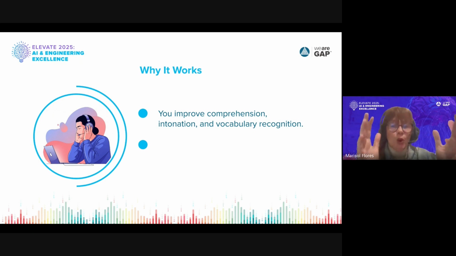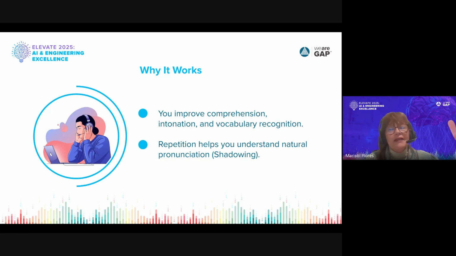When we see words, they're written in some way, but when we say them, they might sound completely different. So if we're reading and listening at the same time, we will definitely improve pronunciation and intonation. And of course, repetition helps you understand natural pronunciation.